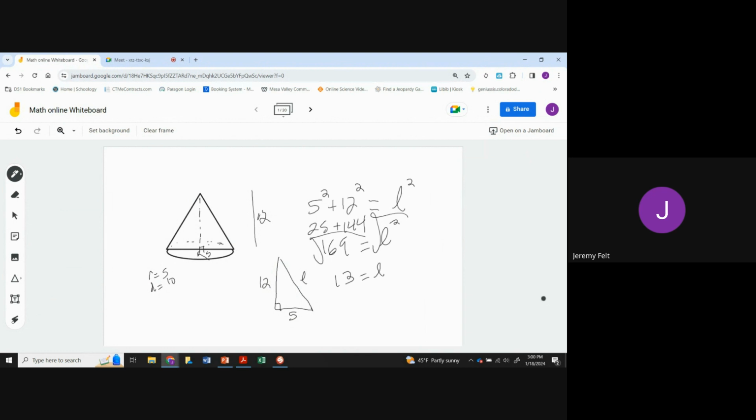So this distance right here, which we drew off separately, two-dimensionally, is the slant height. So once you know what you're given and what you're looking for, you can set it up. I'm confident you can figure out how to find the slant height, because it's just the hypotenuse of this cross section, which makes a right triangle.